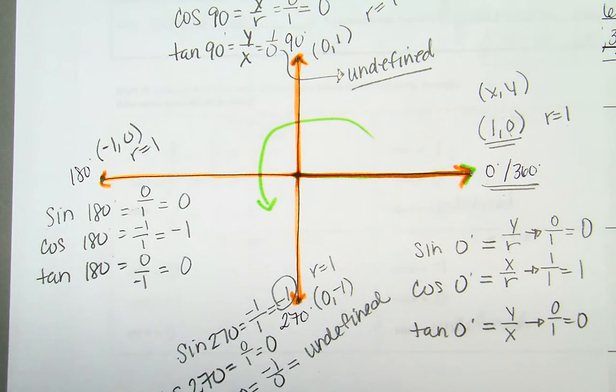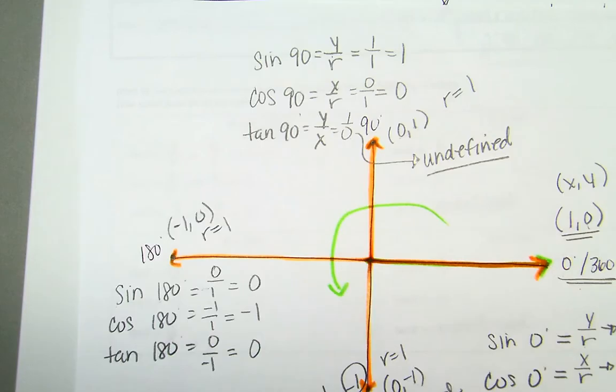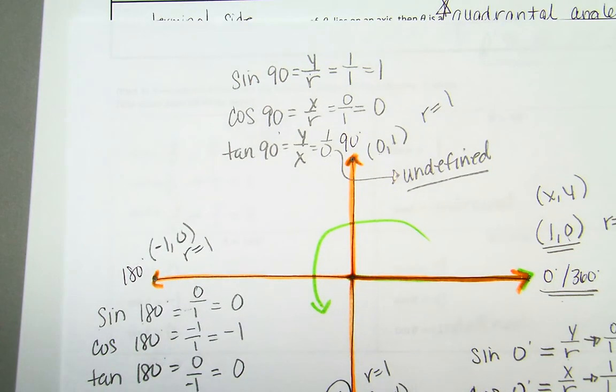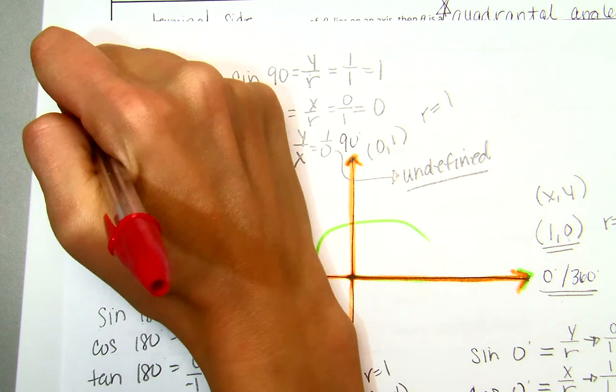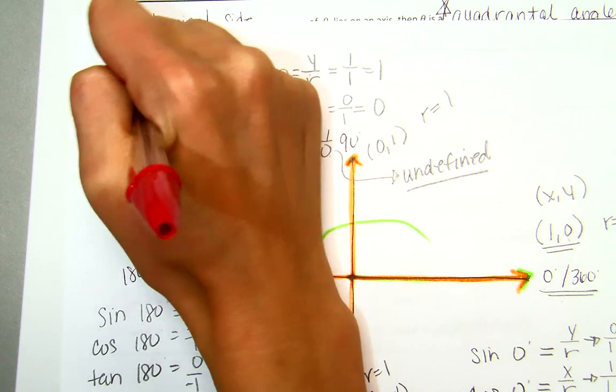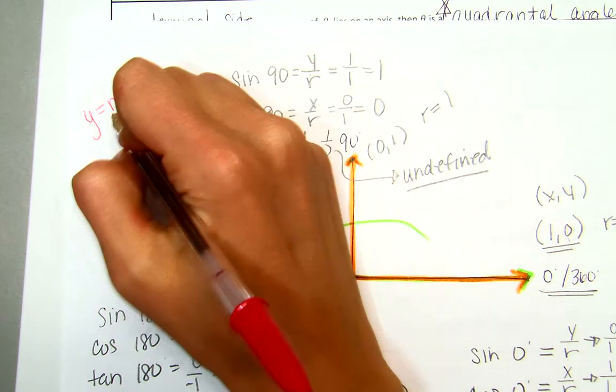A couple key things I want to point out about tangent is the idea that tangent deals with your y over x. And this might be getting a little bit more involved, but I just want to put that little bird in your ear so that once we start talking about graphing, you can see some correlations. If y is equal to mx plus b, I'm just going to leave it as y equals mx.